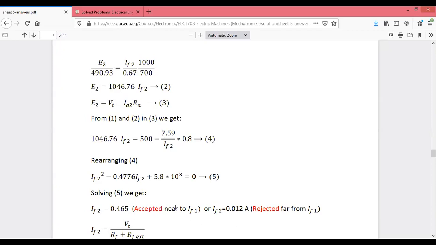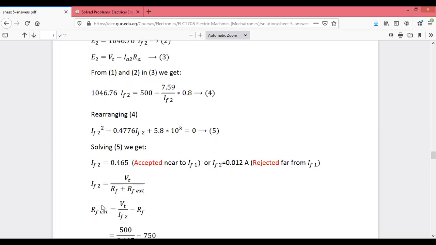But that value is very small compared to IF1, so you can reject that root. You can consider IF2 as 0.465.